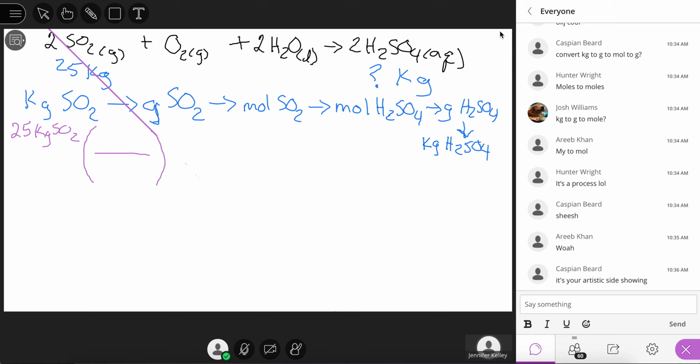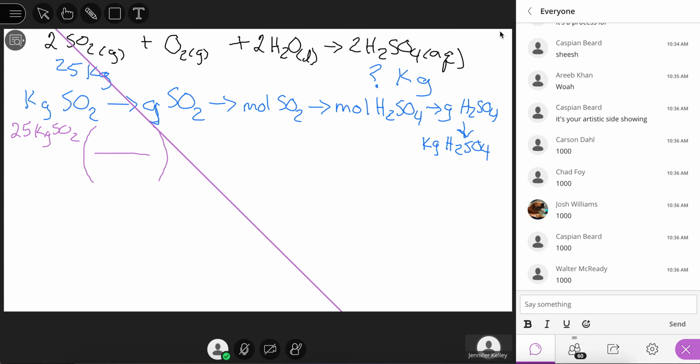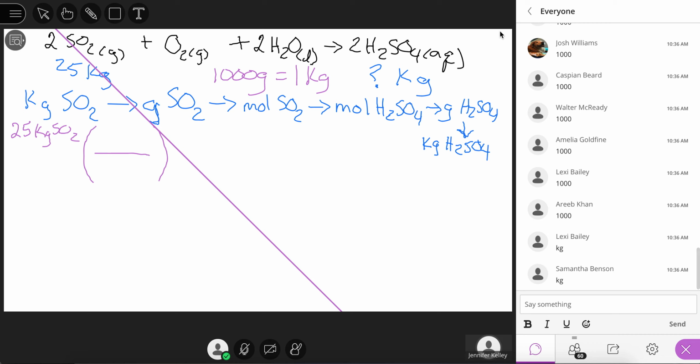Okay, so how many grams in a kilogram? Oh no, somebody did it, made it go back. That's so sad. Correct. All right, so what are we going to have on the bottom? The grams or the kilograms? Correct, the kilograms, because I have kilograms on top, so I want kilograms on bottom.